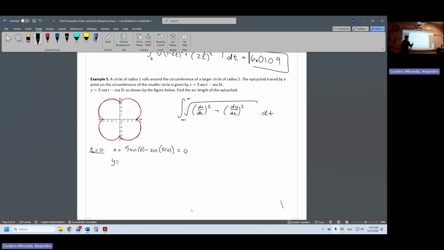And then y would be 5 times cosine of 0 minus cosine of 5 times 0, which would be 5 times 1 minus 1, which is 4. In other words, when t was 0, it started at that point that I had drawn before, this blue point.